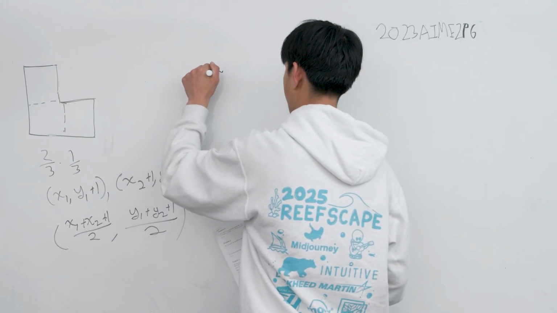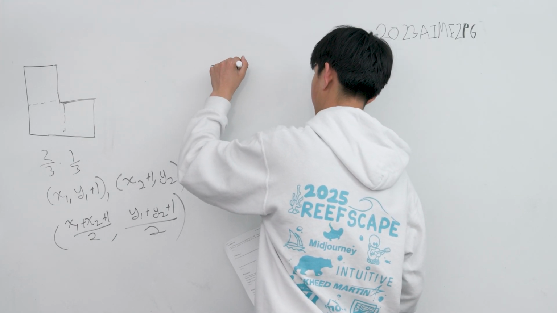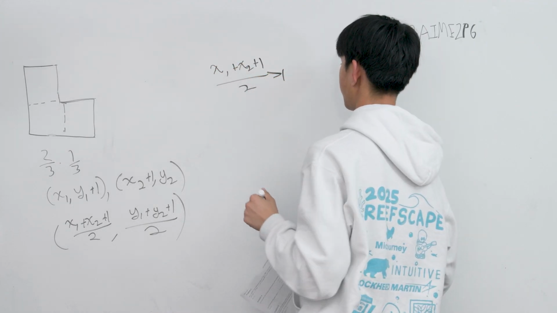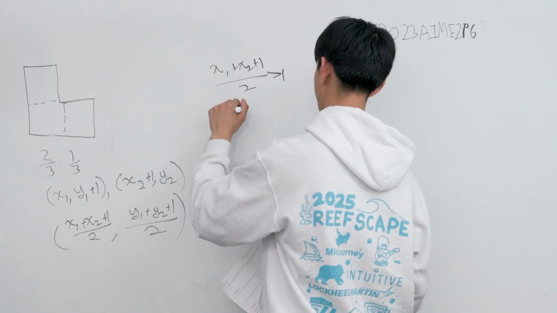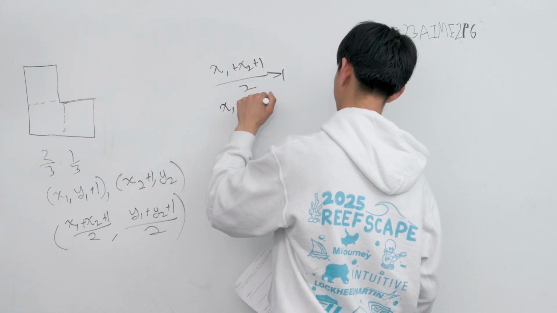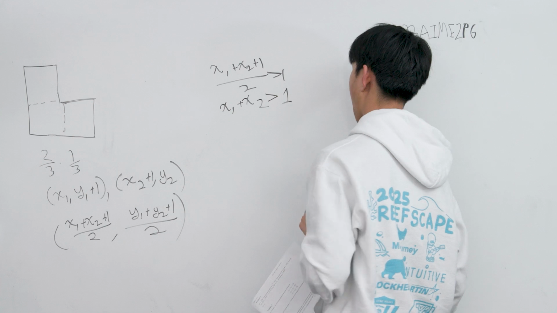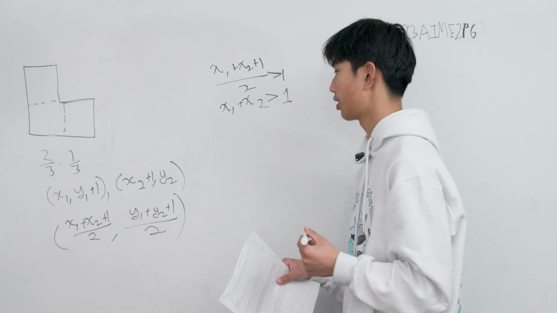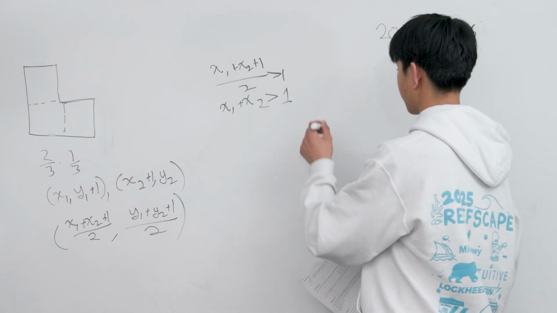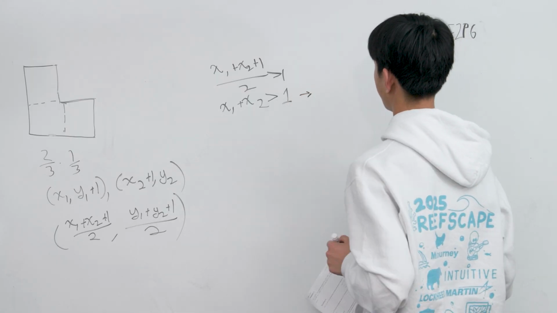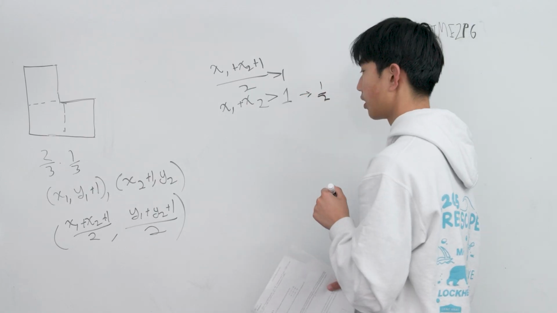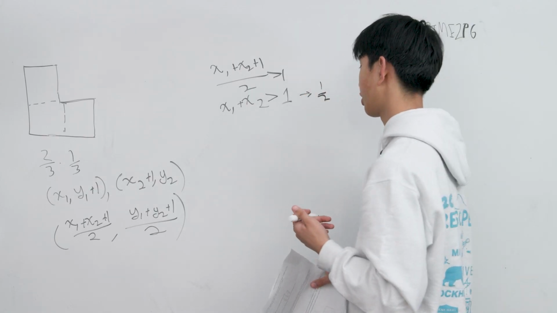So if x1 plus x2 plus 1 over 2 is greater than 1, this simplifies to x1 plus x2 greater than 1. So this works for the midpoint being outside, so it has 1/2 probability.